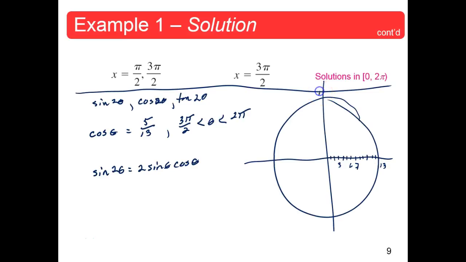So if this is a 13 up here, then almost halfway is going to be a 6 and then a 7. Halfway is going to be a 3, and then I'll split it up into a 1 and a 2 and a 4 and a 5. Halfway here is going to be a 10, and then that'll be 8 and 9 and 11 and 12. Do the same thing out here. This is a minus 13.